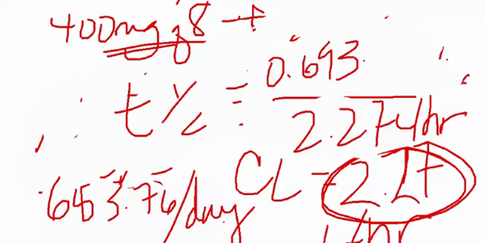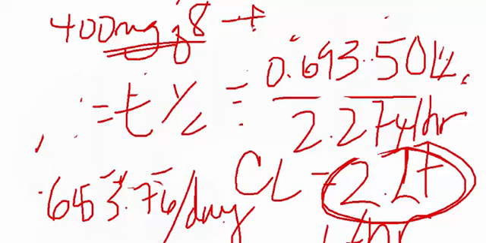So we're guessing that he has a volume of 50 liters. So those will cancel and we'll have hours. Good, that's what we want. So let's see. 0.693 times 50 divided by 2.27. So now our half-life is more like 15 hours, 15.26 hours.